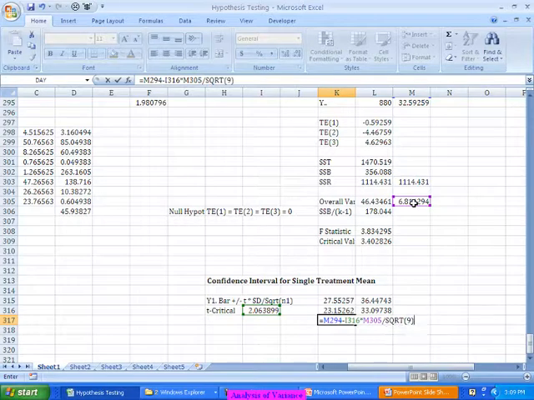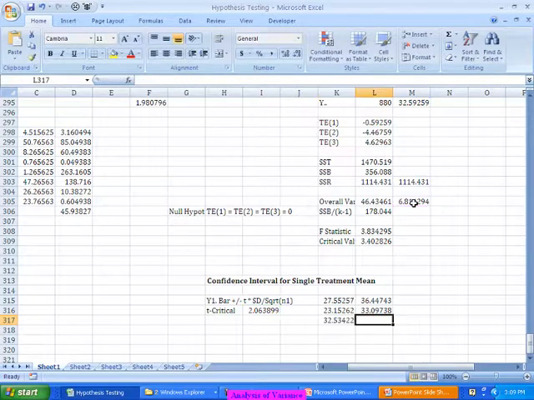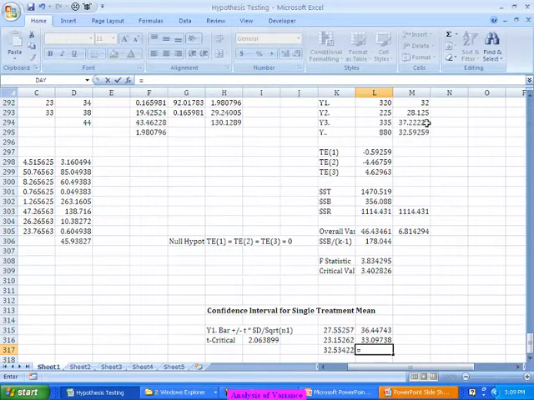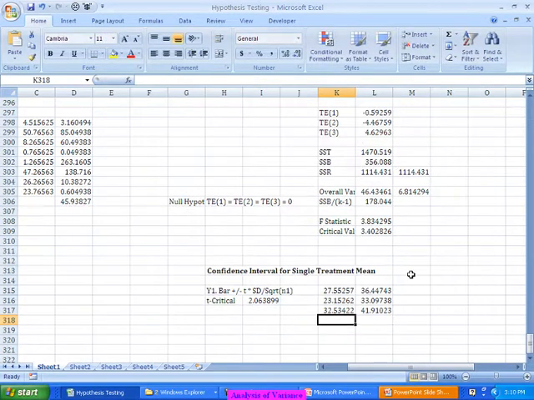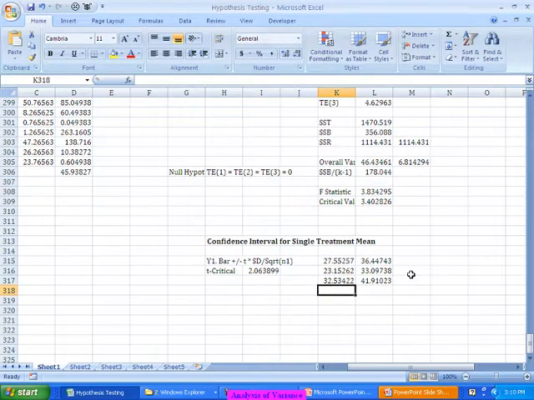This is an important result for us, because it is lying between 32.53 to, the same logic if I am applying here, 37.22 plus 2.06 times the standard deviation by square root of 9, which works out to 32.53 to 41.91.